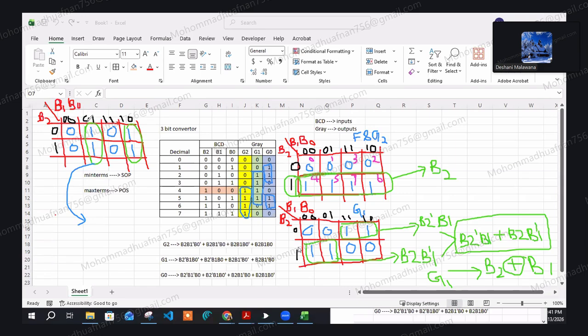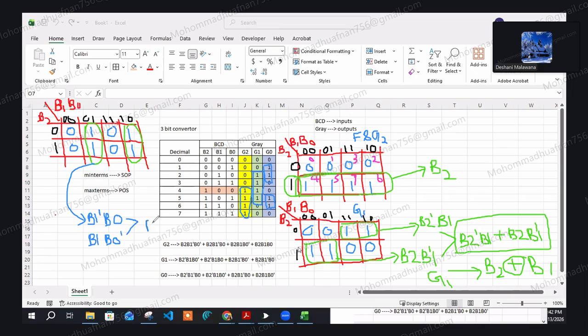So B1 not B0. So this one is again coming B1 B0 dash. So you can see that throughout those two parts, we can see the same thing like this way, right?